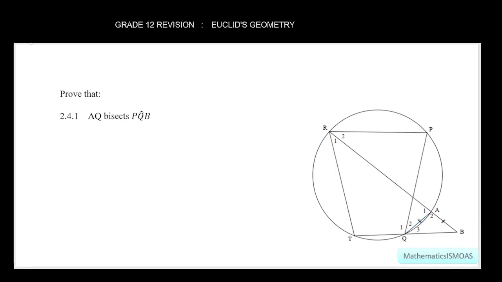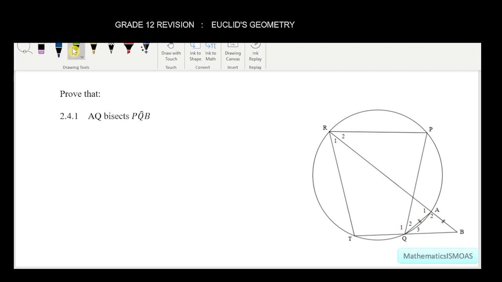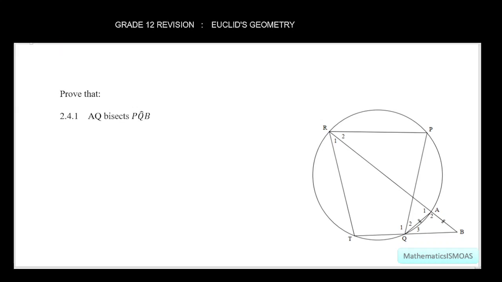We are saying AQ bisects angle PQB, meaning we need to prove that angle Q2 is equal to angle Q3. Then we would have proved that AQ bisects PQB.